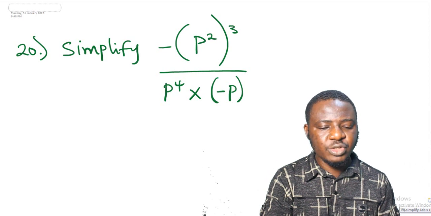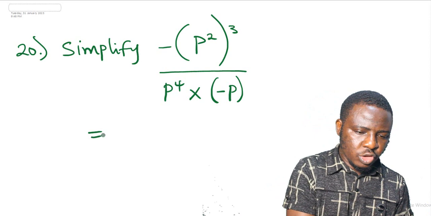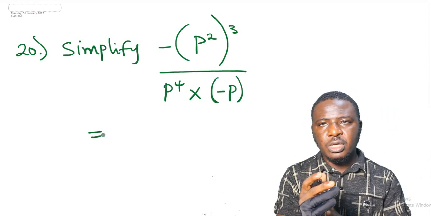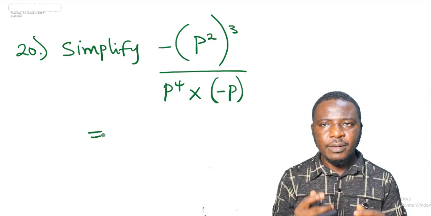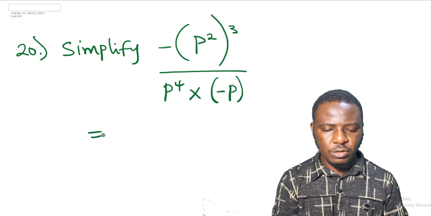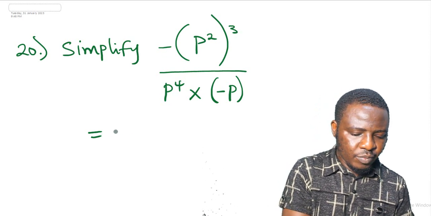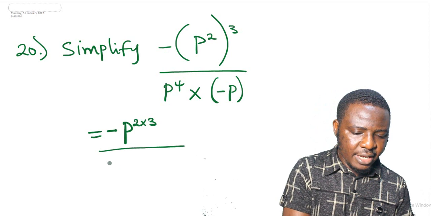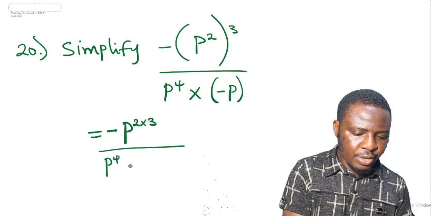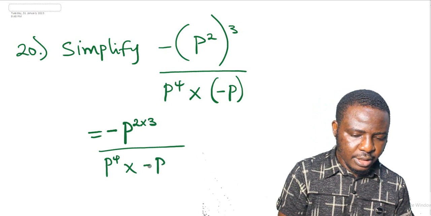3 divided by p raised to the power of 4 times minus p. So just take your time and simplify the numerator before you simplify the denominator, and then you apply the subtraction law, because this is division. So this becomes, remember, the cube is not affecting the sign, minus p squared times 3 divided by, simplify the denominator, p raised to the power of 4 times minus p.